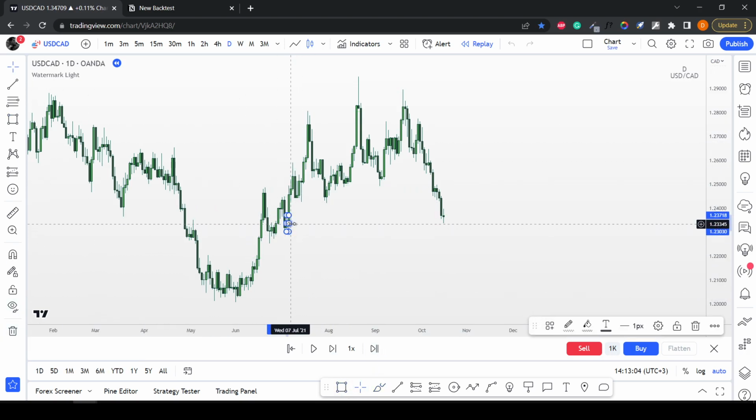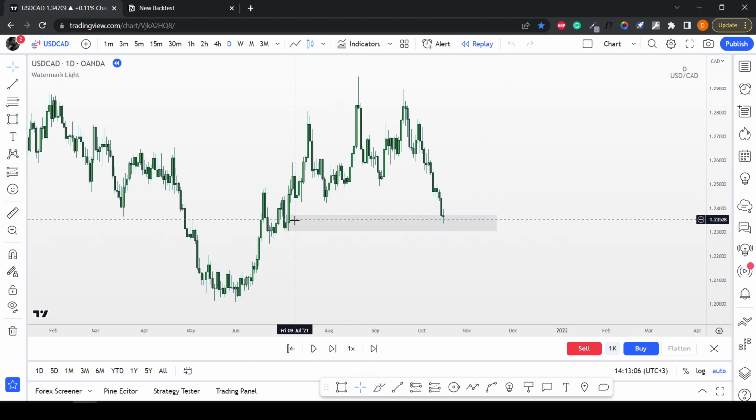So what is a 2.0 is a zone created after a tap into another zone, and in this case this zone tapped into something here, then created a break, thus it's still a zone like a 2.0, and usually and often we can see reaccumulations into this zone.